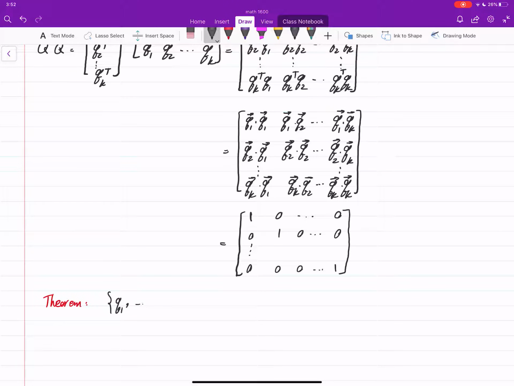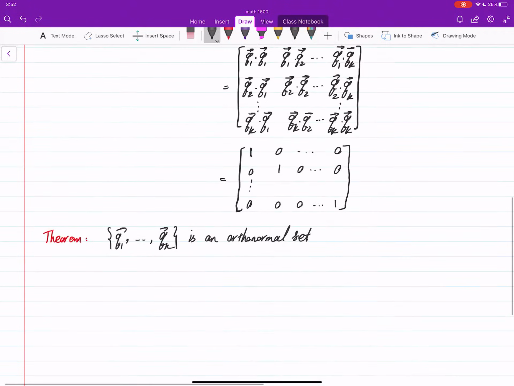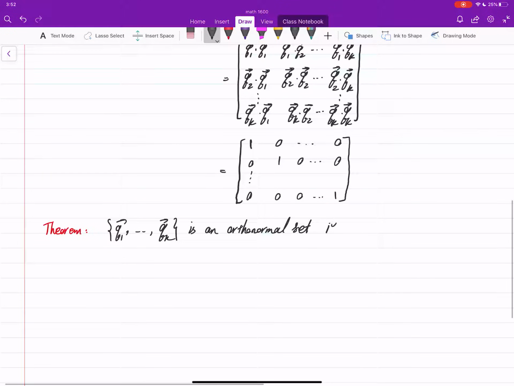Theorem: Q1 up to Qk is an orthonormal set if and only if Q transpose Q is the identity matrix.